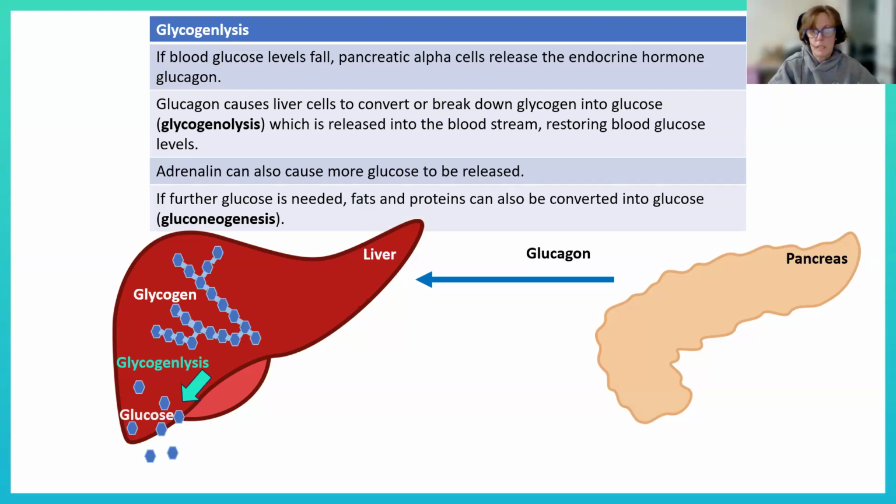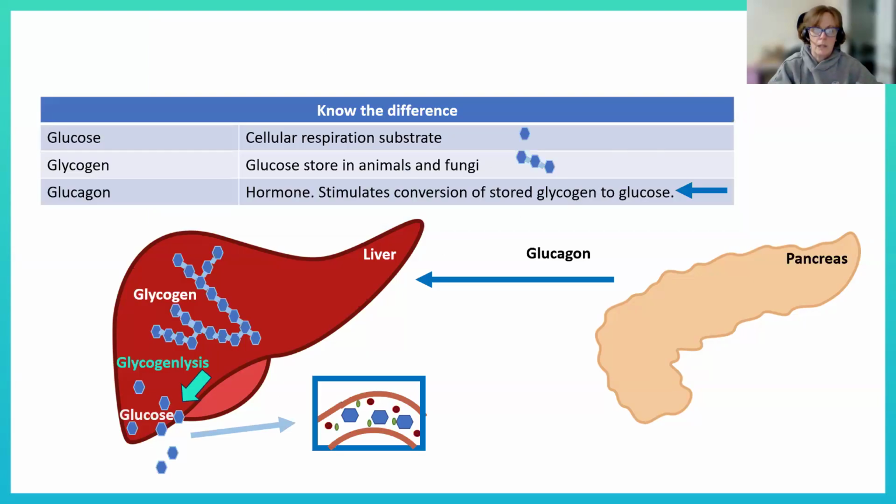There's loads of processes involved in keeping the blood glucose relatively stable so that we can keep moving, keep producing energy and stay alive while things are happening. So we've got lots of different substances with similar names. So we've got glucose, which is a really important substrate in the cell for respiration, the process we're going to talk about later.